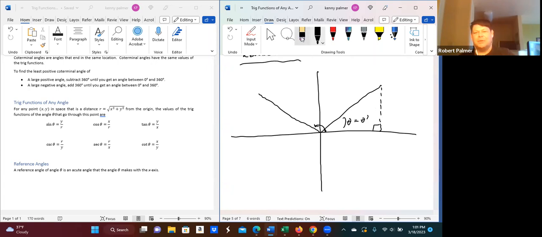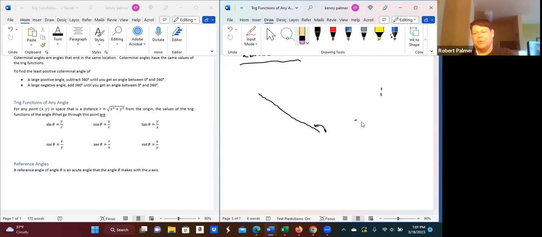Actually, let me change this. It'd be better, instead of trying to do all this on one, to do this in 3 or 4 different ways. So in quadrant 1, let's get the easy case. We have an angle like this. This is theta. Theta is equal to its own reference angle. That's a simple case.